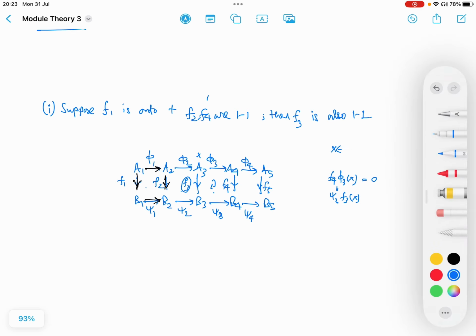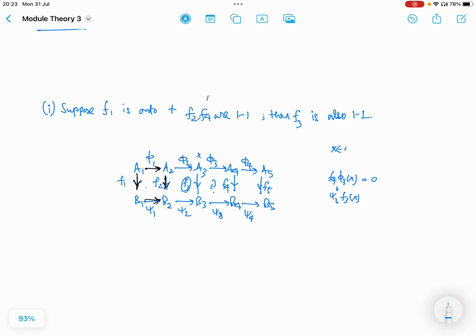So x was chosen from the kernel of the third map. So now this is 0. But F4 is injective, and so phi 3 of x is in the kernel of F4. But F4 was injective, so it is 0. And that means x belongs to the kernel of phi 3.